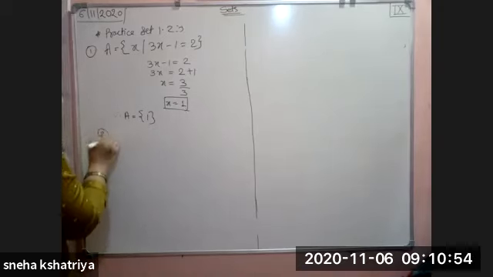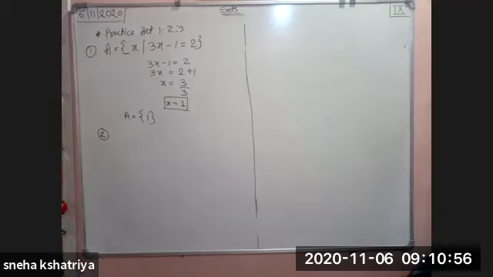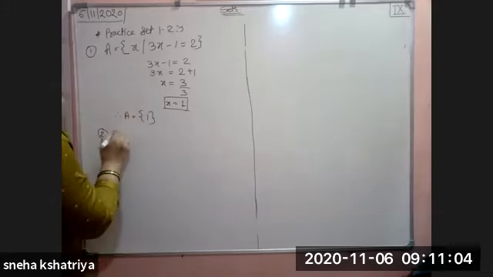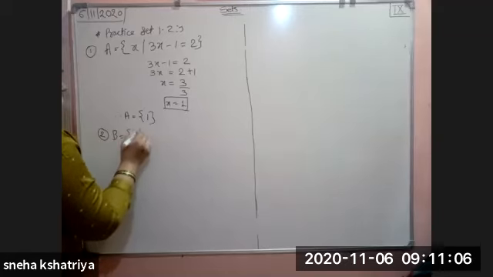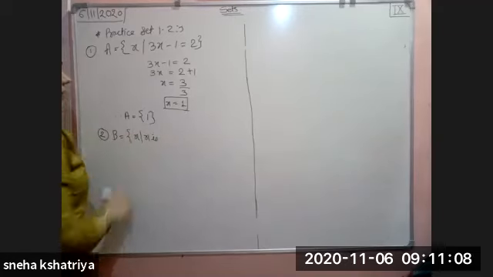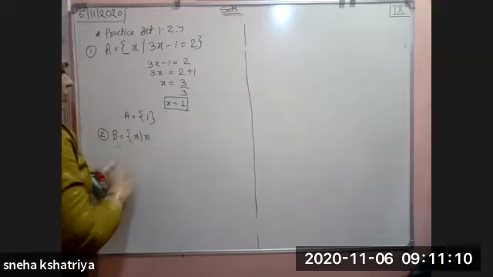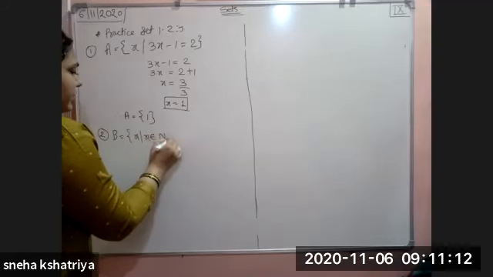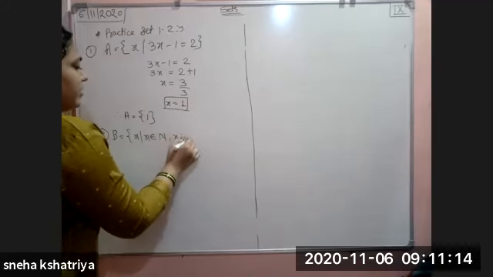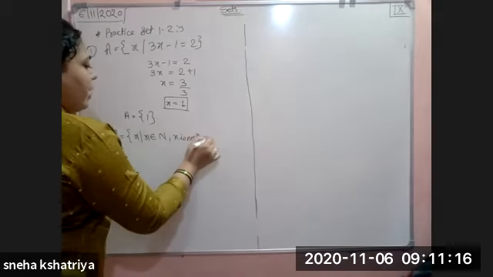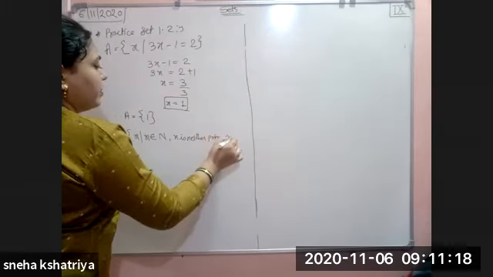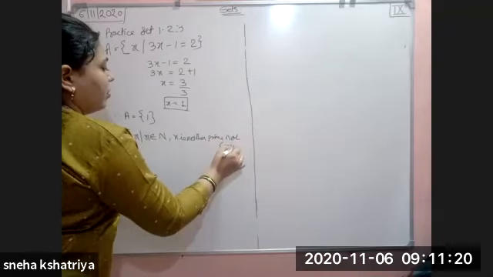Question number 2. The second set given to you is B is equal to the set of x such that x is a natural number, but x is neither prime nor composite. I write it like this: x is a natural number and x is neither prime nor composite.